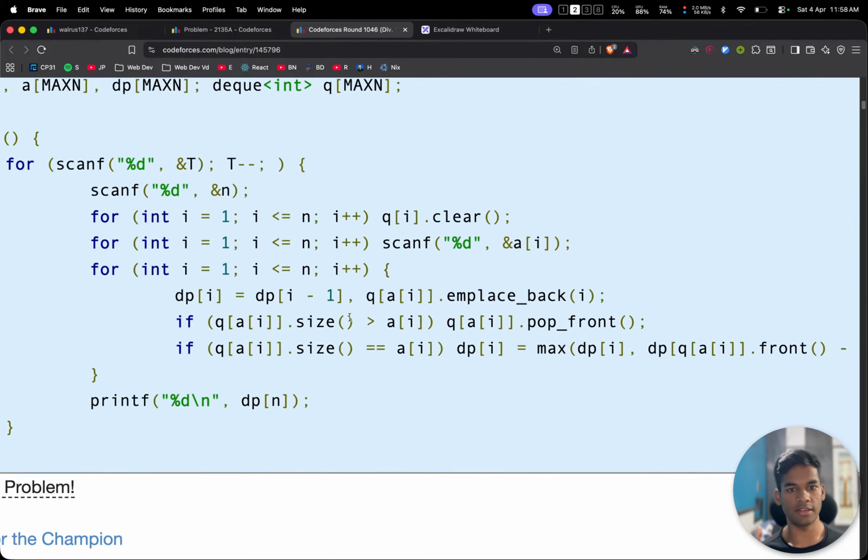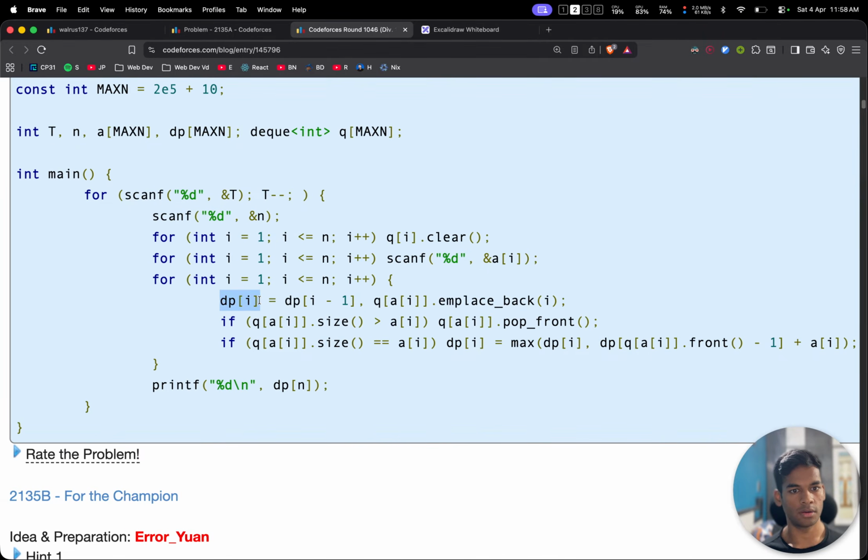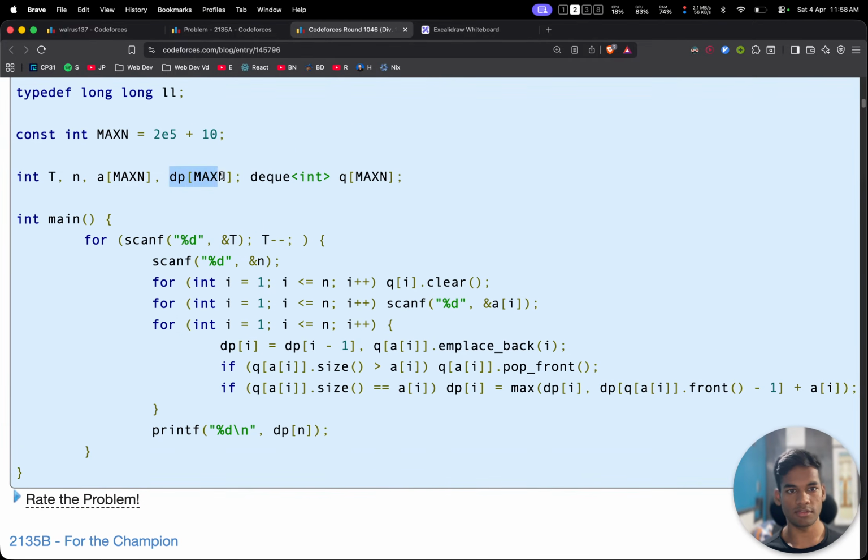Okay, that is some crazy syntax. How can they use comma? dp[i] is just an array of integers. How are they using a comma here?